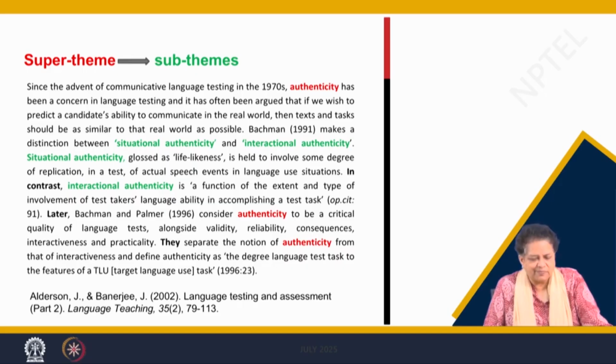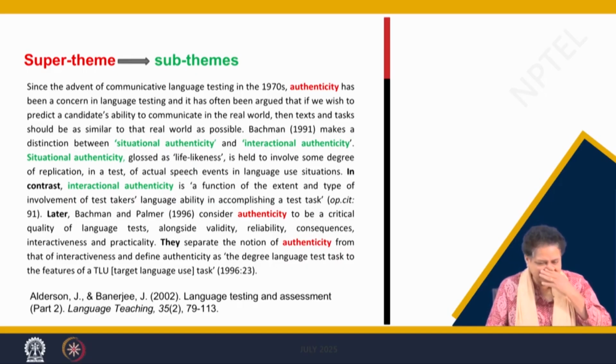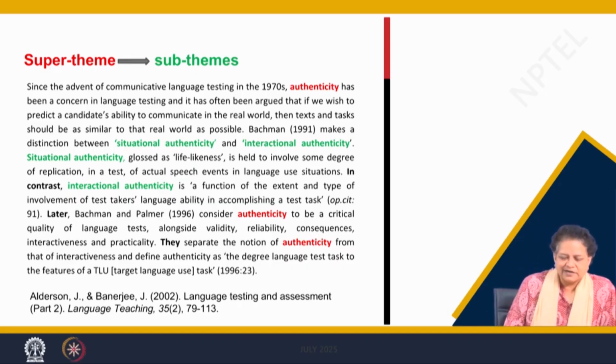Bachman 1991 makes a distinction between situational authenticity and interactional authenticity. Now, these are sub themes: situational authenticity and interactional authenticity.